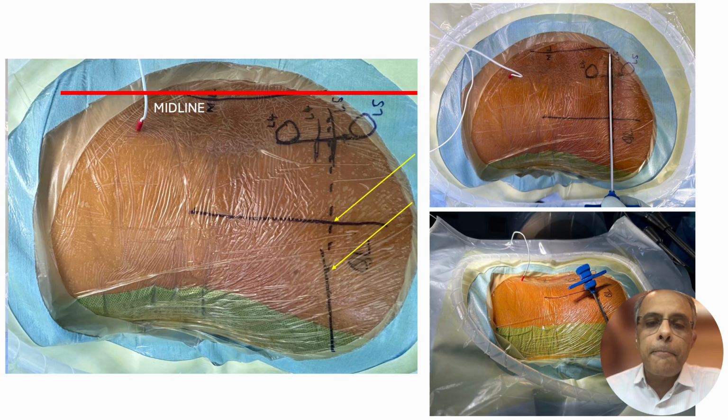I traditionally prefer to take a point between these two so that if I need to do an orthogonal maneuver, it is possible. Now if you are going through the Young's entry point, it is generally quite lateral and it goes into the posterior annulus and into the epidural space easily.